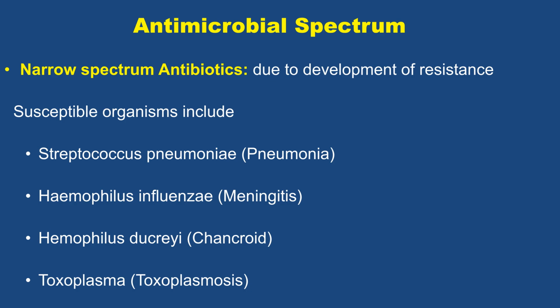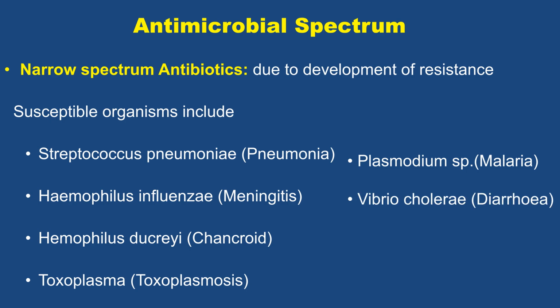Also sensitive are Toxoplasma, which mainly causes toxoplasmosis, Plasmodium species responsible for malaria, and Vibrio cholerae, which is mainly responsible for diarrhea. Also, they are sensitive to chlamydia and actinomycetes.